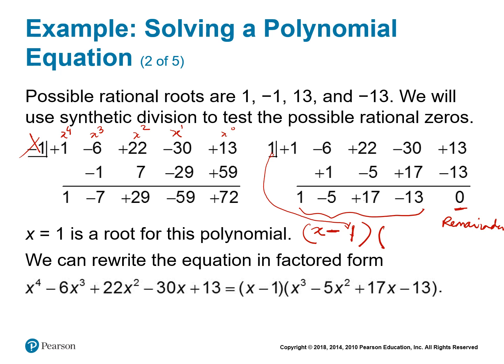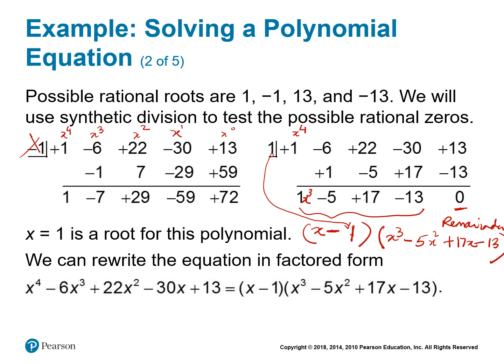All right, so this is going to be 1 degree less. Remember the first one was x to the 4th in our original polynomial. So the quotient is going to begin from x cubed. So we will have x cubed minus 5x squared plus 17x minus 13.